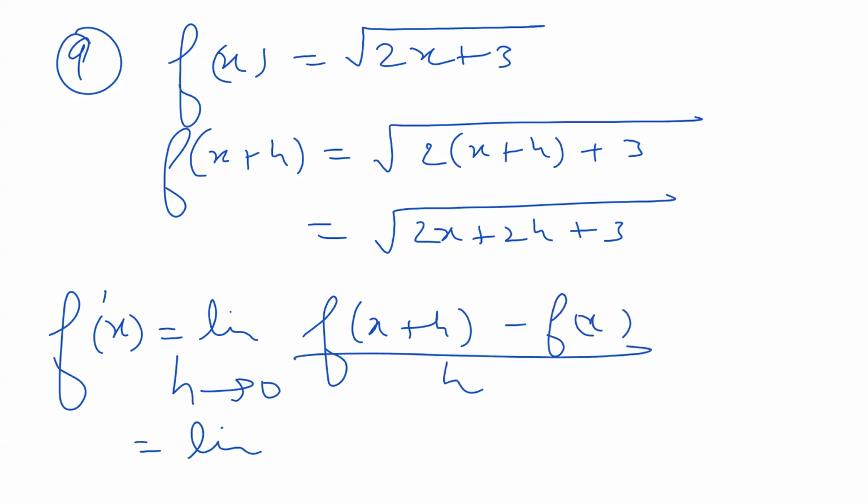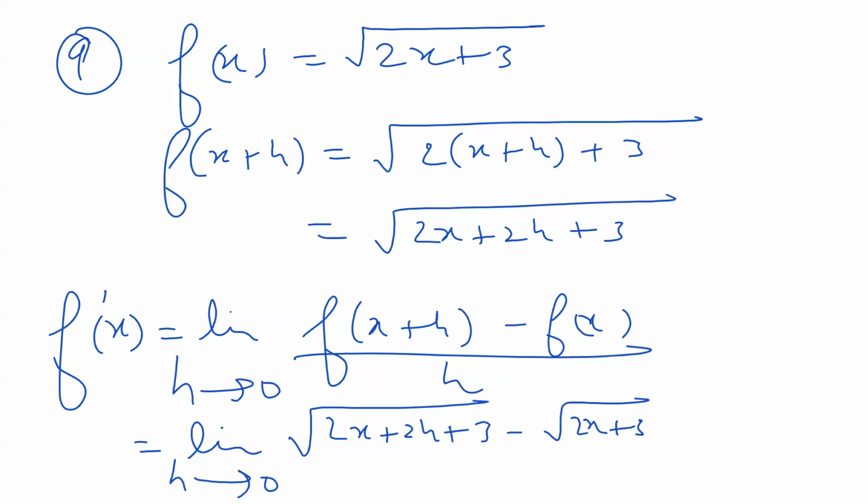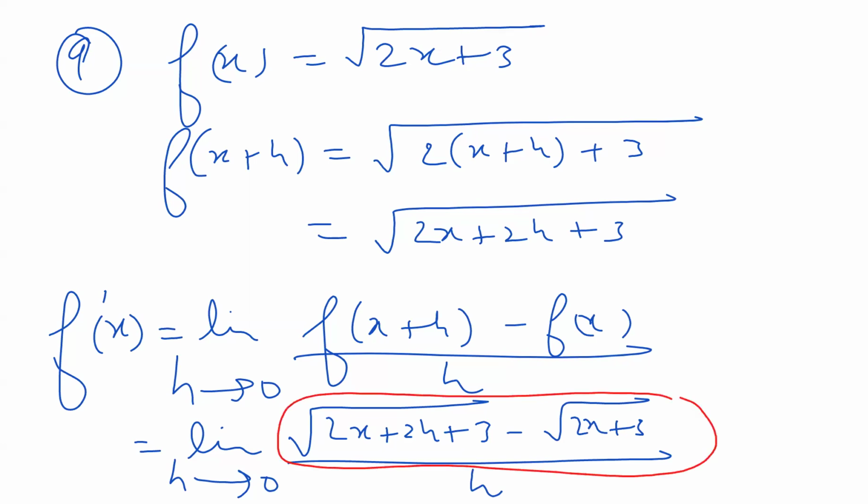So this will be limit h approaching 0, root of 2x plus 2h plus 3 minus root of 2x plus 3 upon h. Now we have root minus root in the numerator. To just rationalize this, you'll get the answer. Okay, I won't solve this, but then I have given you the hint.